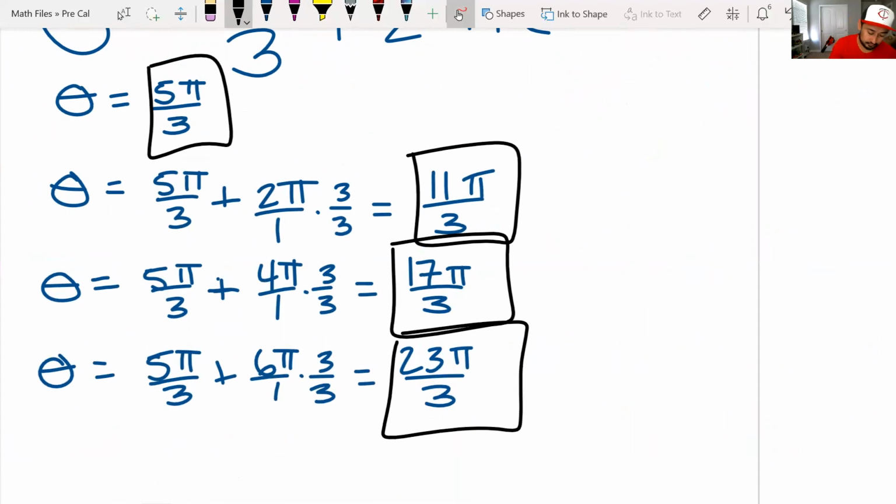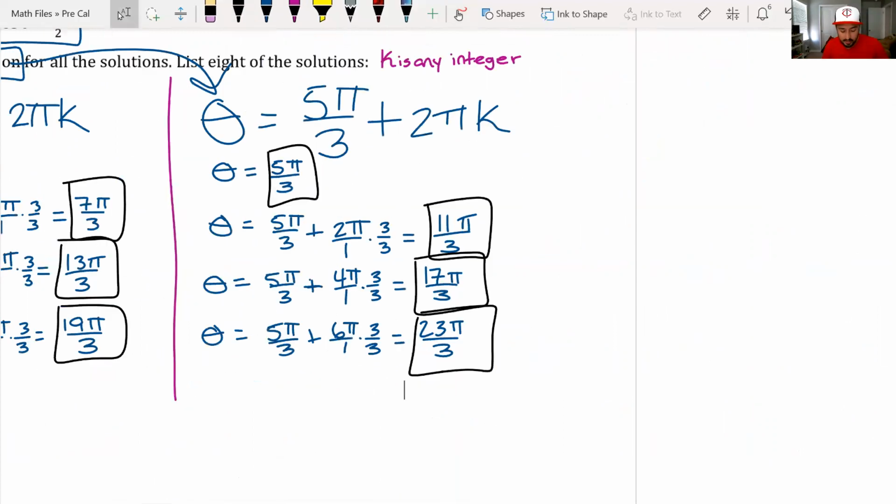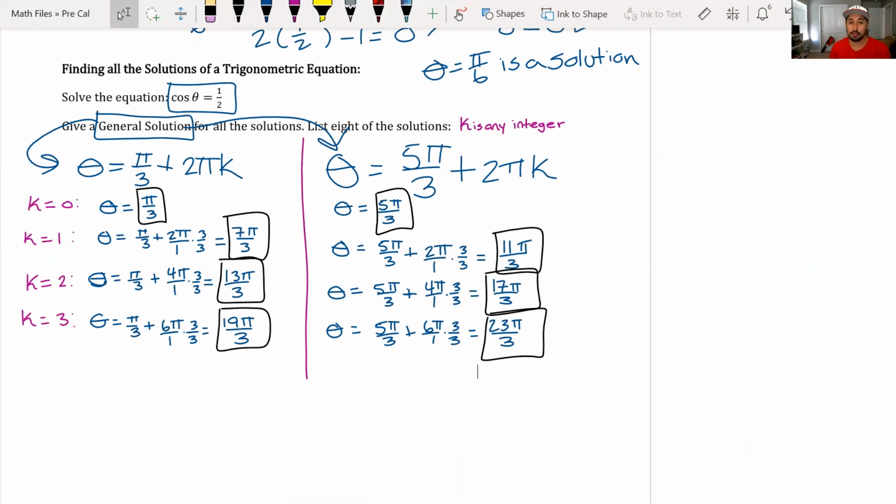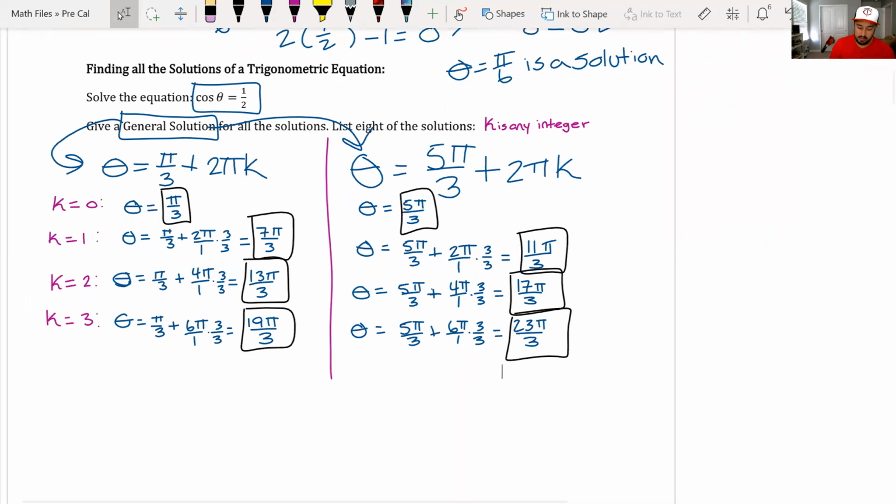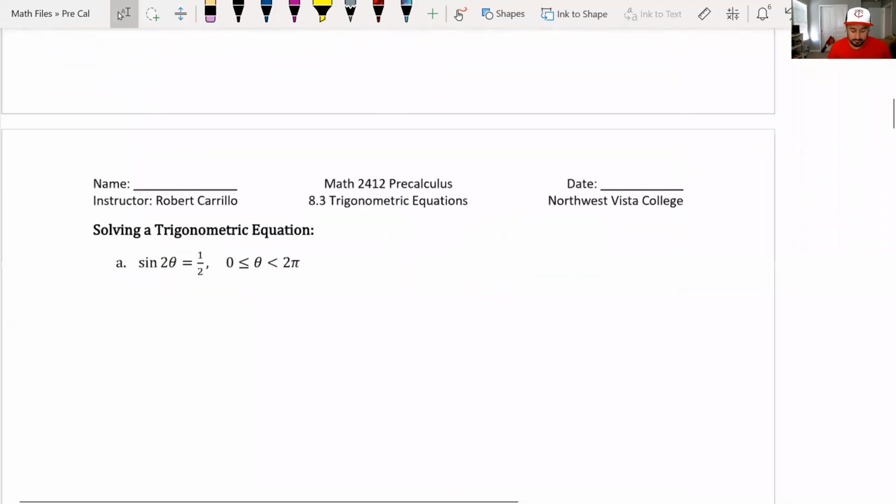There you go. Okay, so that's how you make a general solution. If it doesn't give you restrictions, then you spit out how many answers it wants. This one, 8 solutions, so that is the general solution for all 8 solutions. All right, let's keep going.